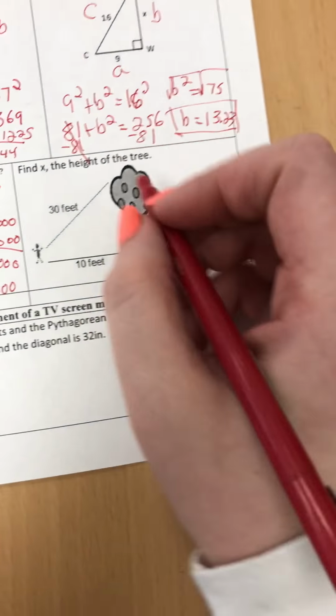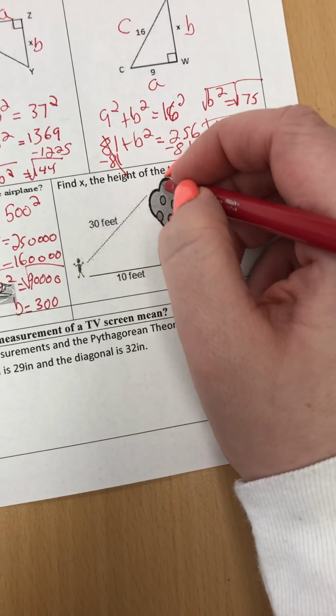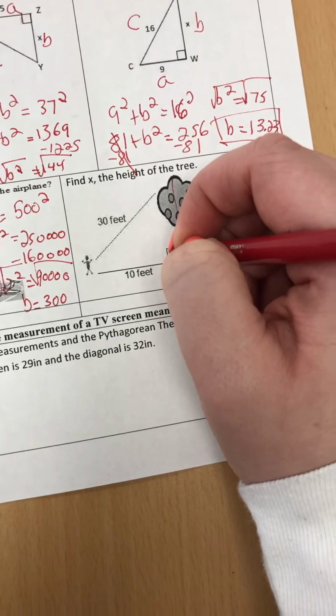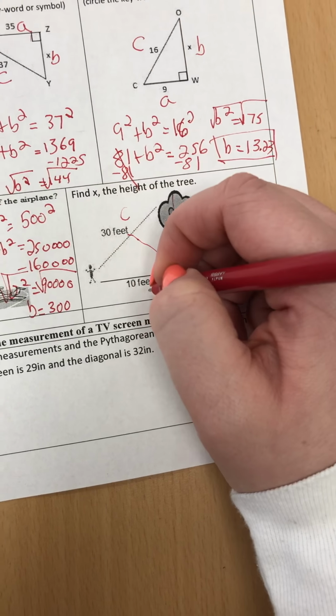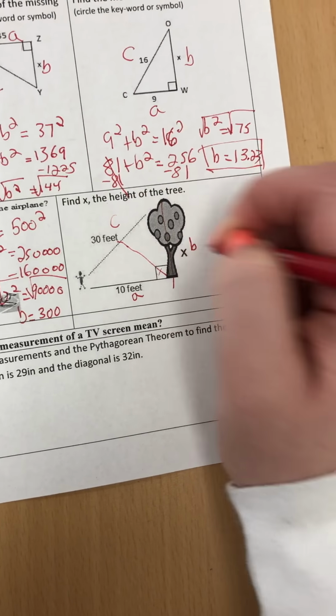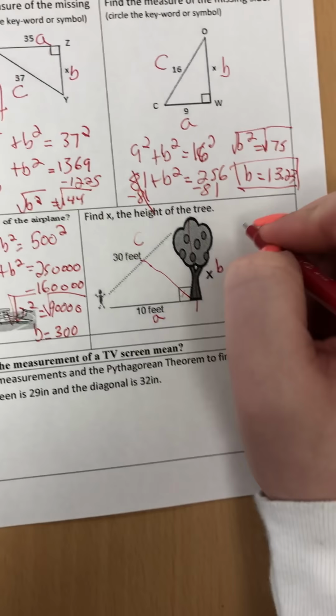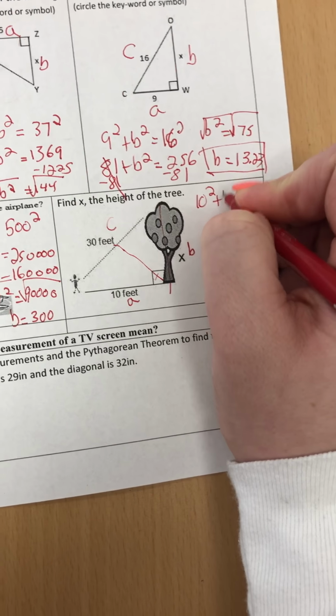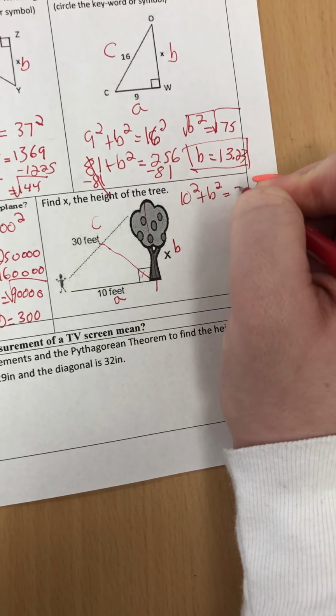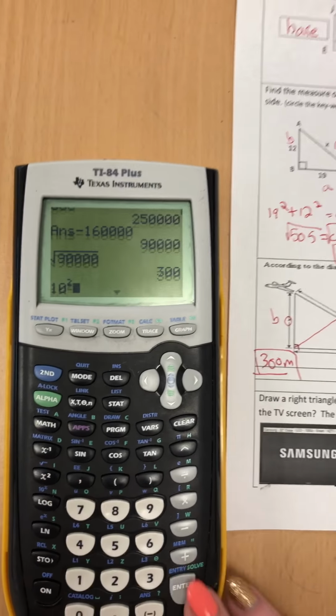All right, so this one says find the height of the tree, so we're looking for this side right here. Find the square, across from it is your C. We'll make this A, so that means we're looking for B. So again, we'll set up our formula. So 10 squared plus B squared is equal to 30 squared. And again, we're going to simplify these numbers first.